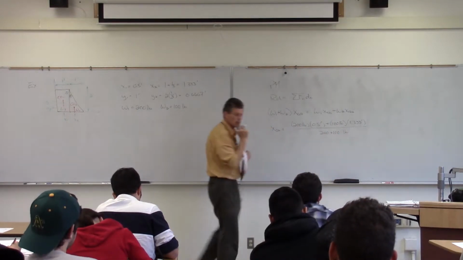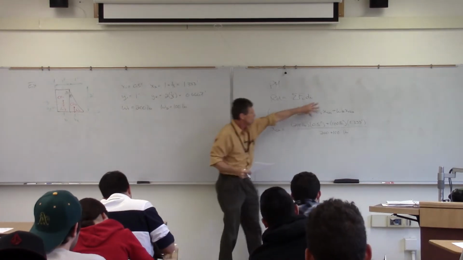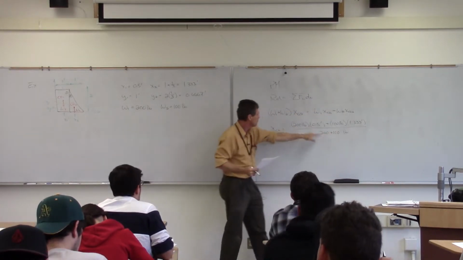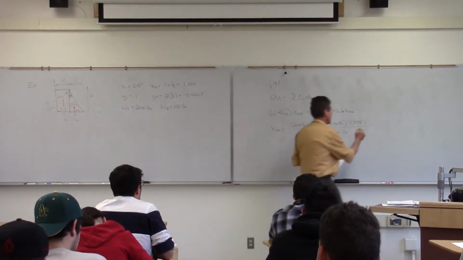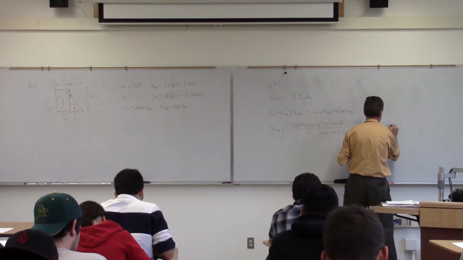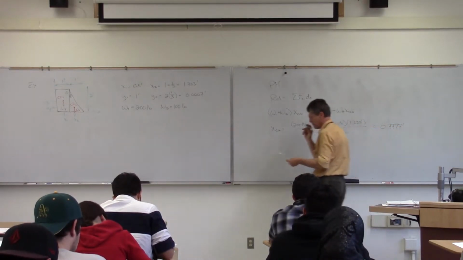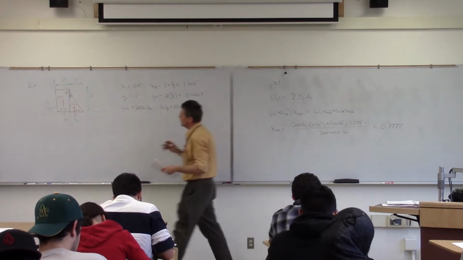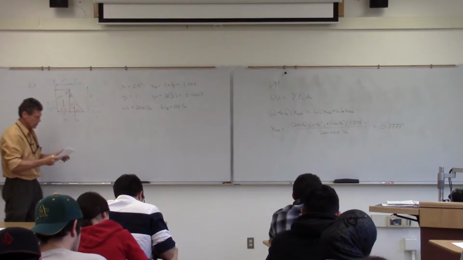And then setting it up the way we want to set it up in terms of solving it is just simply we take this piece here, this one's here, and then divide by my weight there. And what I find then is that it'll be about 0.777 feet over.